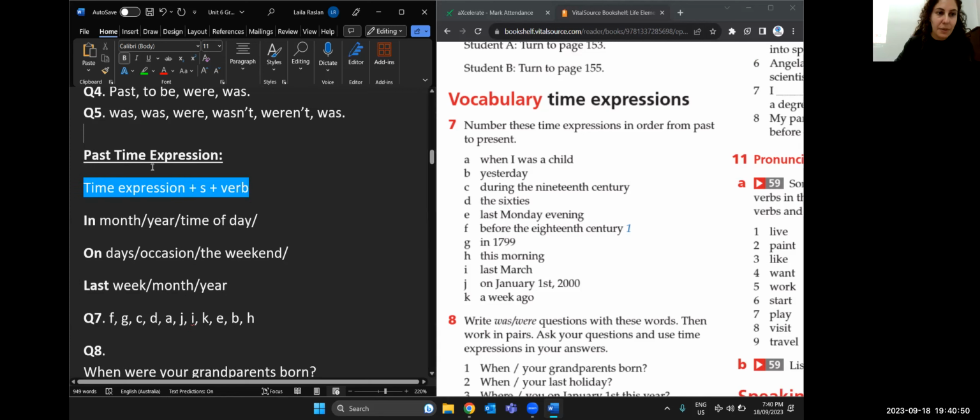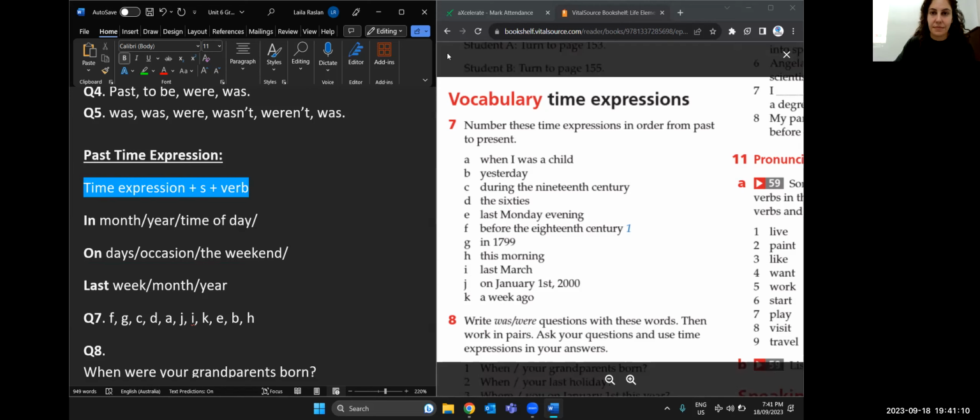So remember that time expressions, especially in the past, because that's what we're looking at in this unit, come before the subject and the verb. So just take notice of that. Okay, the first one they've done for us is before the 18th century.